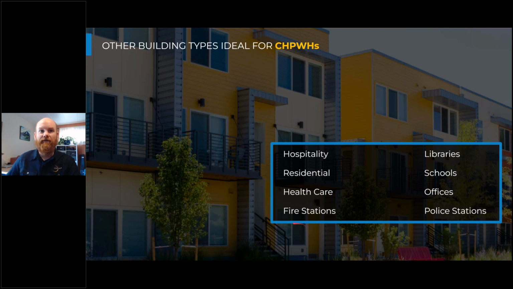So there's a lot of high water usage in this left-hand column here, and so heat pumps will result in really significant energy savings in this type of building type and application.